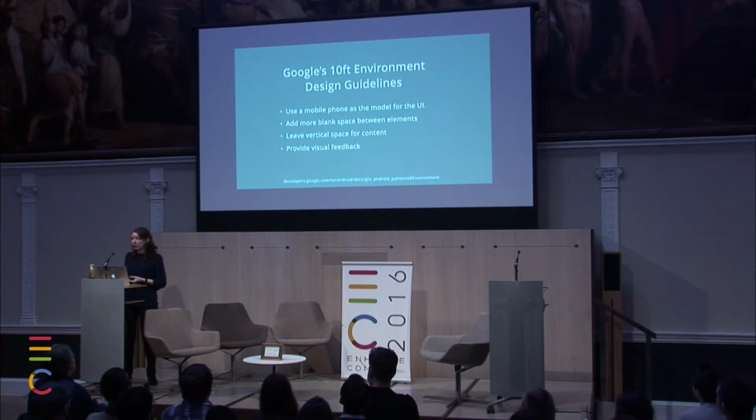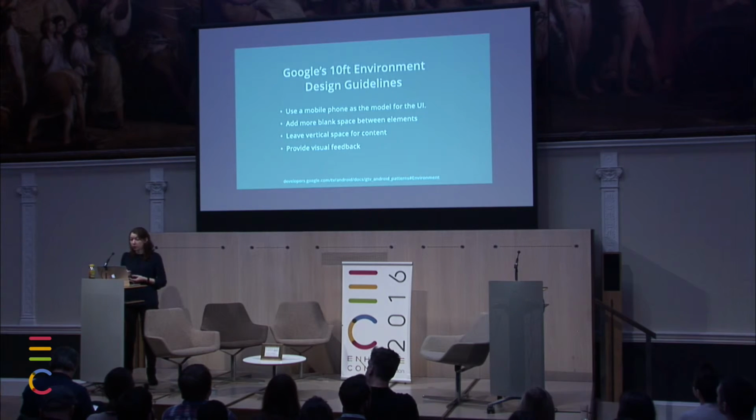So if you're designing with TV users in mind, Google have some guidelines that are great bits of advice, also when you're considering console users. Like using your mobile phone as a model for the UI to simulate the experience of sitting far away from a screen. Adding more blank space between elements to make clickable areas easier to hit, especially if you're using a gesture device.